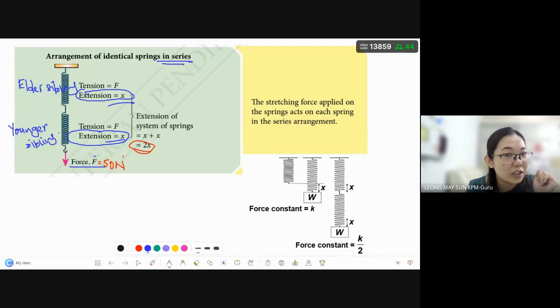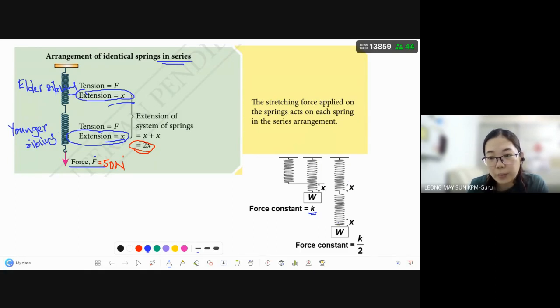So the extension is doubled. The total extension is doubled because one spring extends X, and another spring extends another X. Up and down like this, this is how I identify it as siblings. In other words, when the load is W, it will extend by the same amount, and the force constant would be K for one spring.